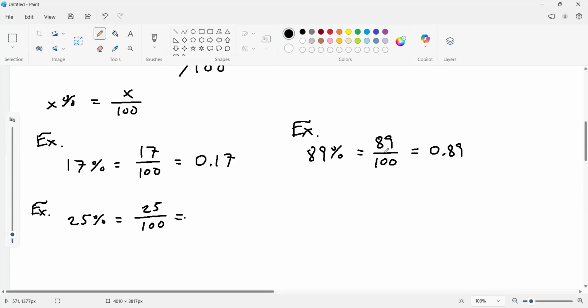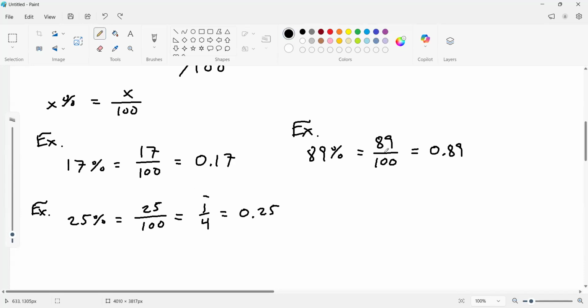Yet I know that that's not in its simplest form. 89 over 100, that's in its simplest form. 17 over 100, you can't simplify that any further. But 25 over 100, we definitely can, because we all know, if you still use cash these days, quarters, this is 1/4. So it's the same thing as 1 over 4. Now, 1/4, we can also represent with the decimal 0.25.